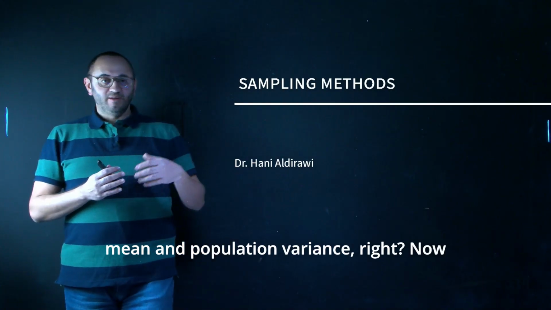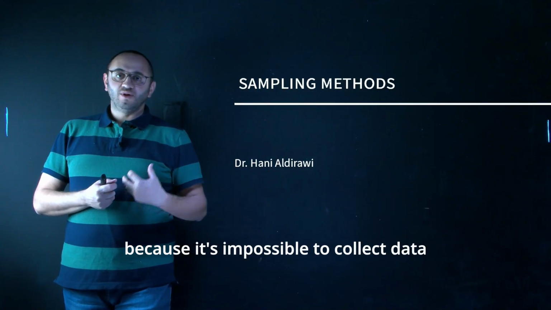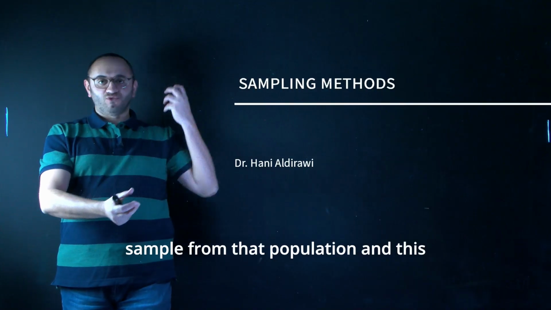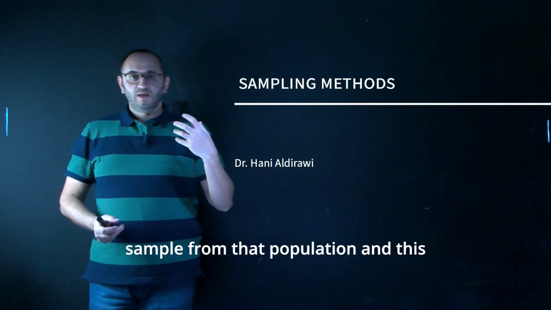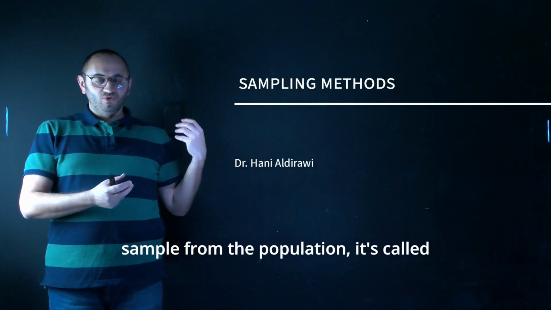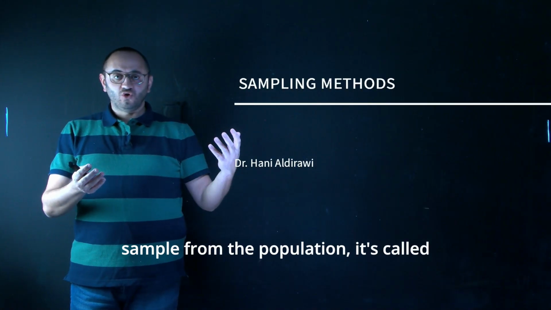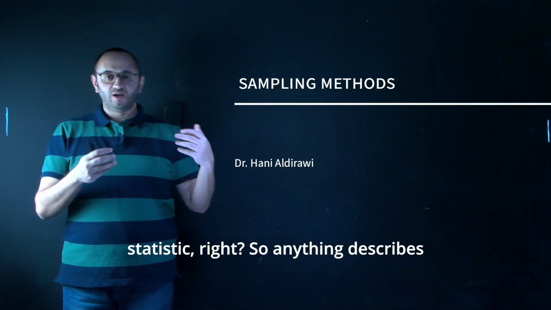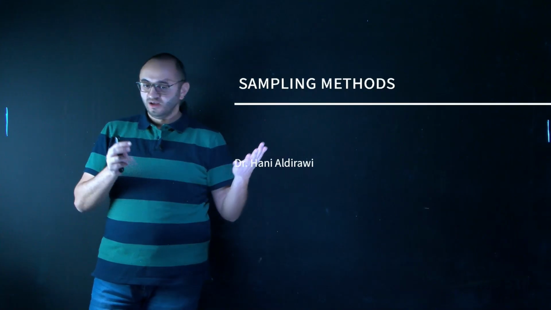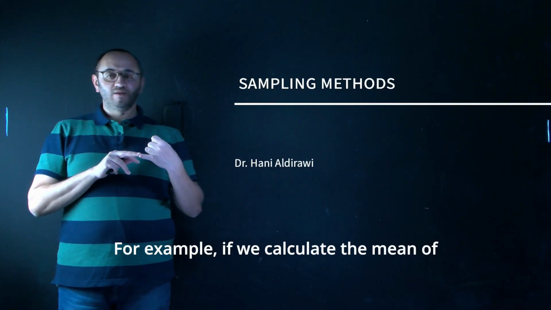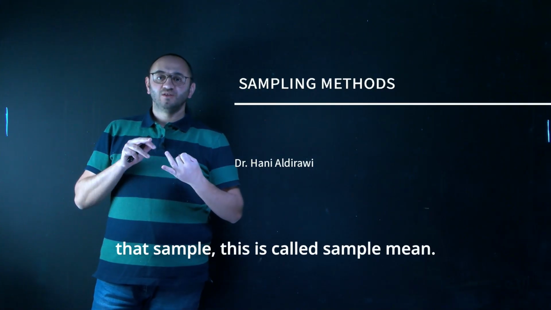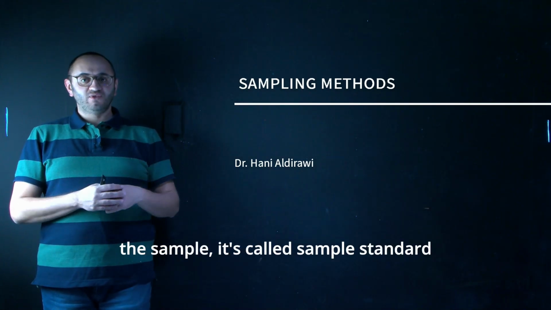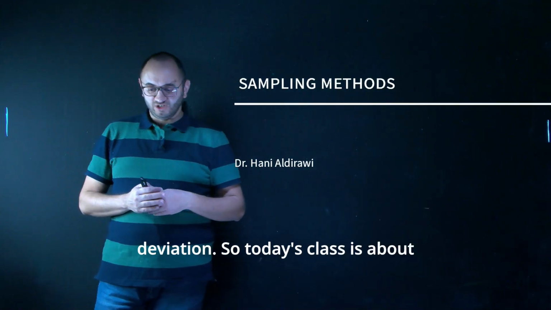Because it's impossible to collect data from the entire population, we take a sample from that population, and anything that describes the sample is called a statistic. For example, the mean of that sample is called the sample mean. If we calculate the standard deviation of the sample, it's called the sample standard deviation.